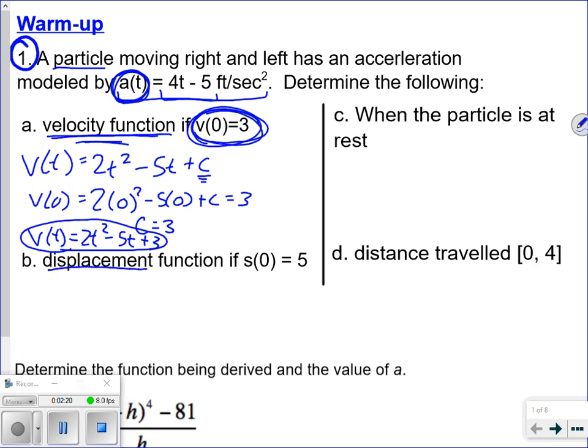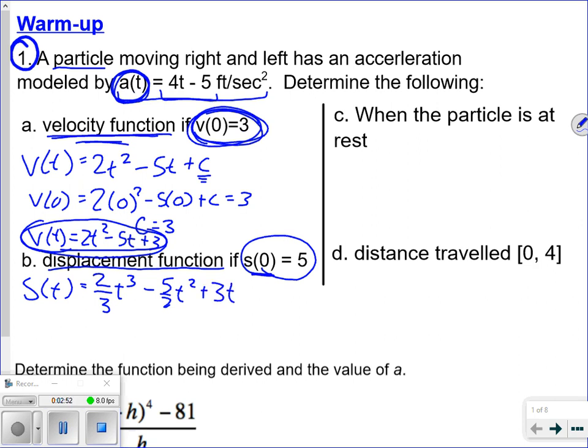Now then B says find the displacement function. So that's the position function, which we call S, right? And it wants us to find that given the fact that S of 0 is 5. So we got our V of t equation. If I want to know my S of t equation, I simply integrate. So 2t squared integrates to 2/3 t cubed. 5t integrates to 5/2 t squared, and 3 integrates to 3t.